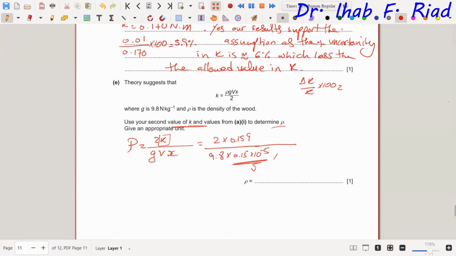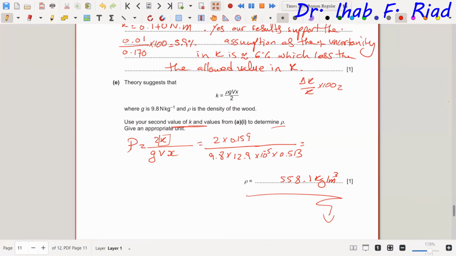And what is x? It is 0.513. We do the math and we get something like 558.1 kilogram per meter cube.